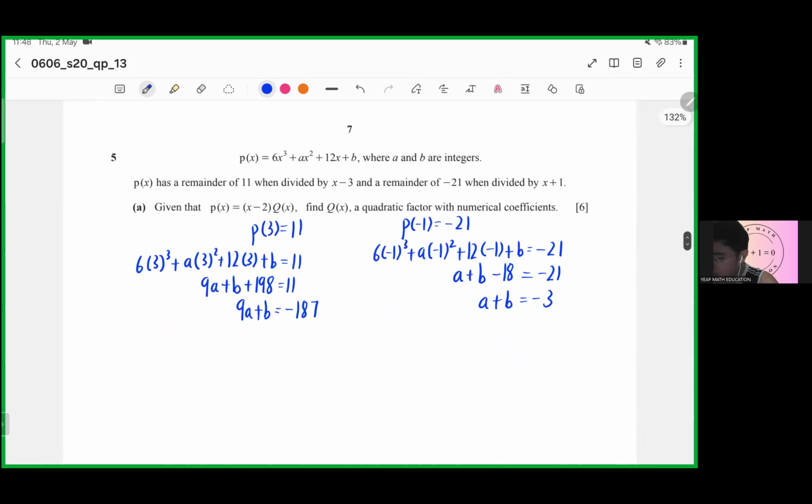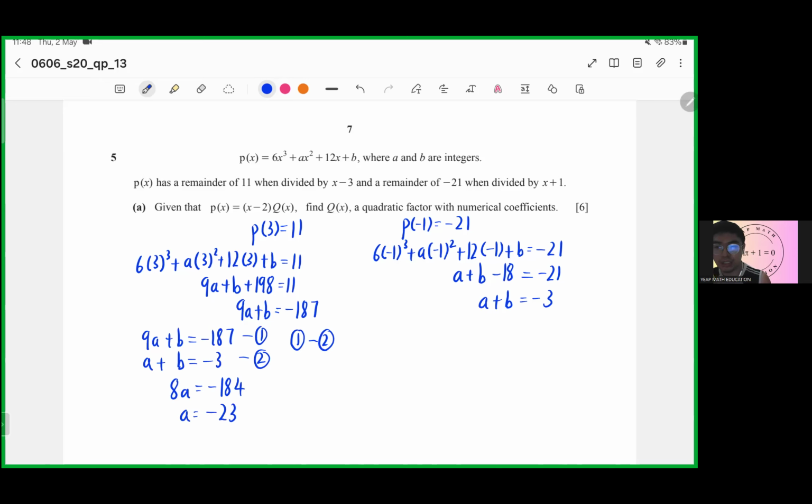Okay. Now I can use the elimination method to solve these linear simultaneous equations. 8a equals, I take the first minus the second equation, negative 184, equals negative 23.